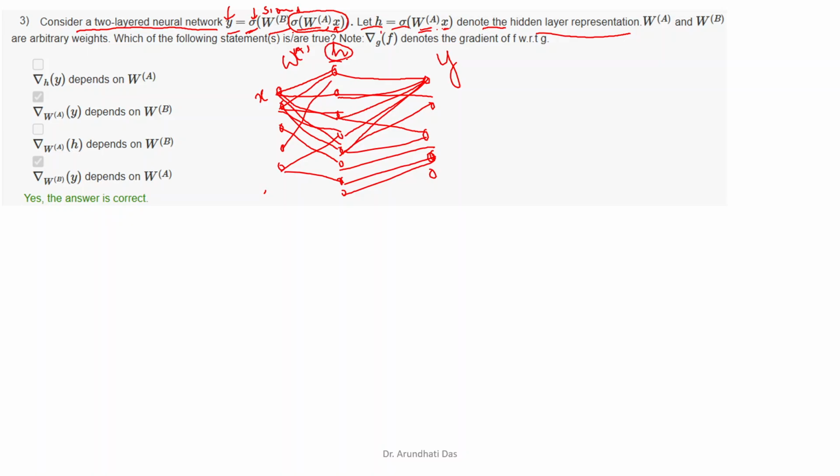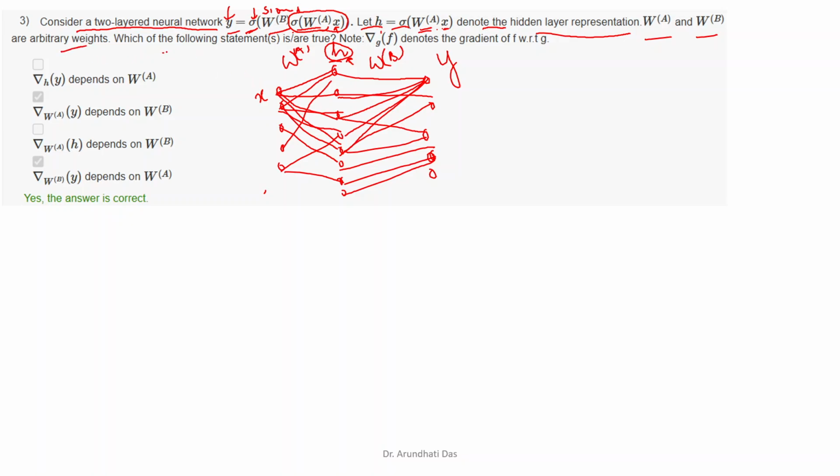So these y values are obtained by multiplying a weight matrix called W superscript B with the hidden layer feature values. This WA and WB are some arbitrary weight parameters.